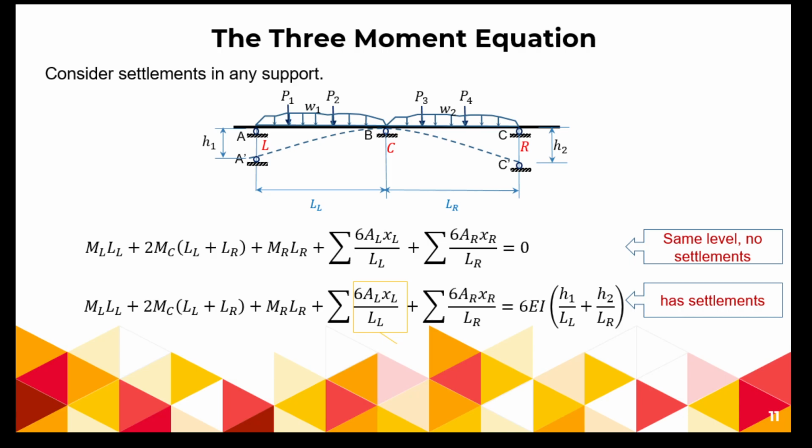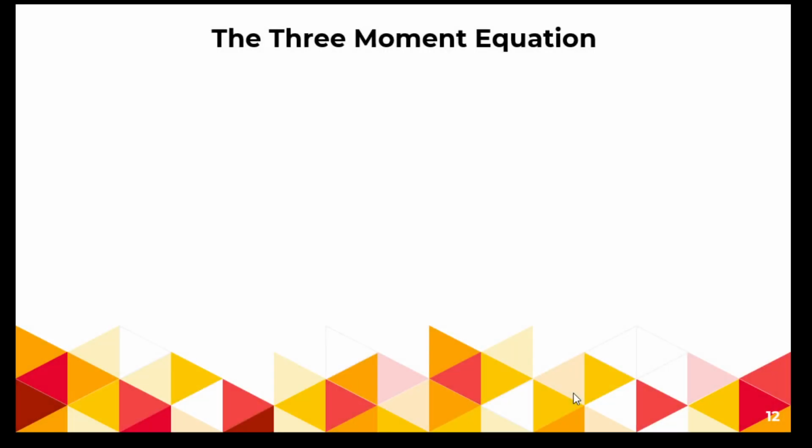Okay, try to copy the formulas. Now, the values nga summation of 6 times the area sang left times ang distance ang centroid sang left span over the left span. Ang ini siya, these are factors.